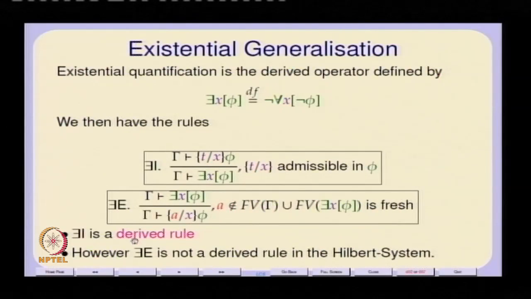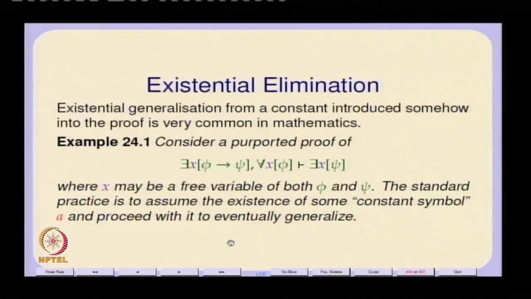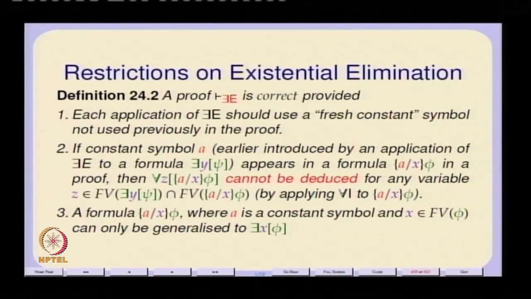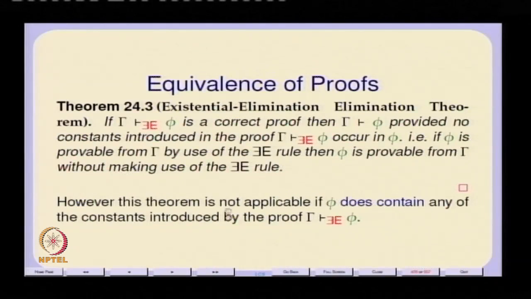The existential introduction is a derived rule, however, existential elimination is not a derived rule. However, what we managed to show is that every proof which uses the existential elimination rule can also be transformed into a proof which does not employ the existential elimination rule.